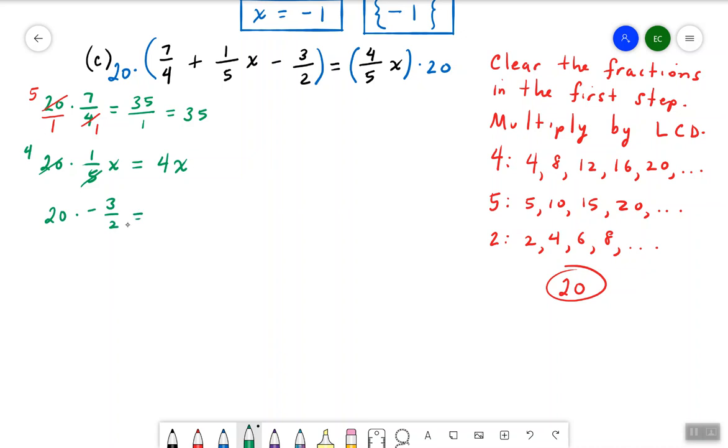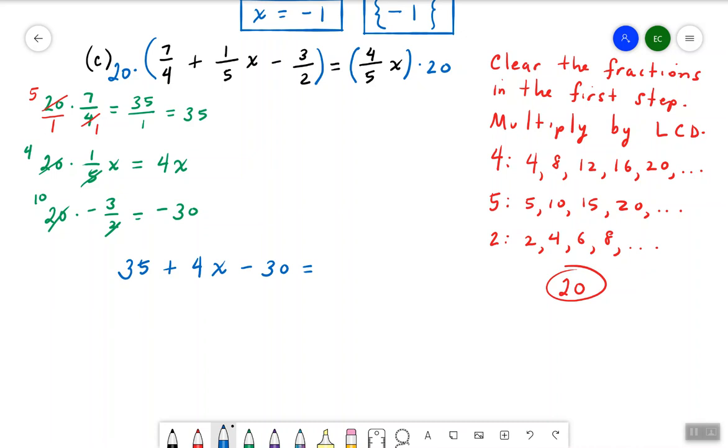And 2 goes into 20 10 times. And 10 times -3 is -30. So what we have here on the left side of the equation is 35 plus 4x minus 30.